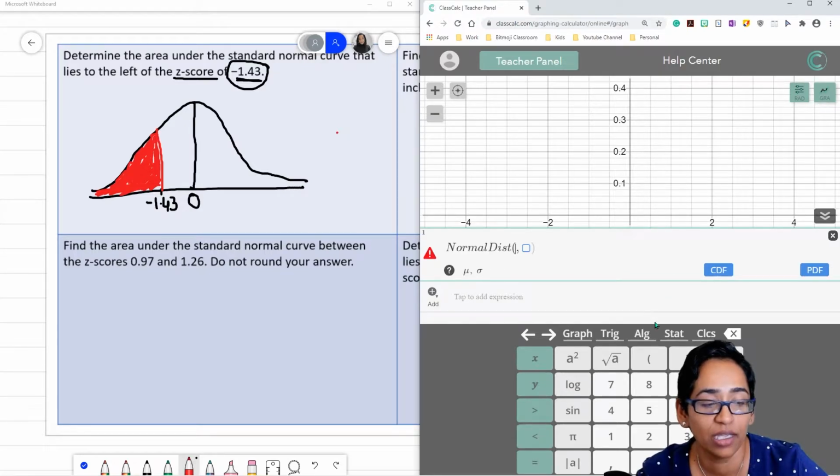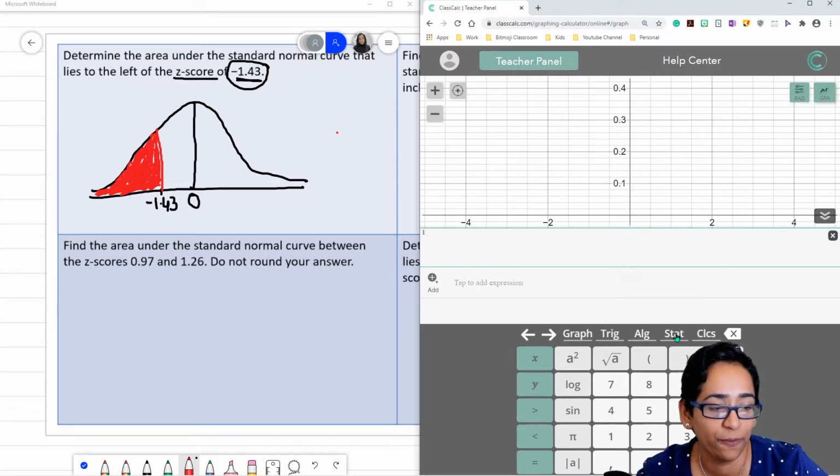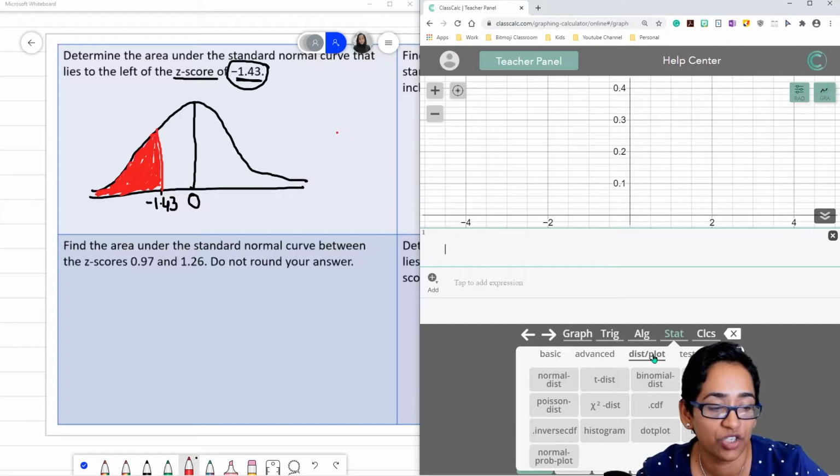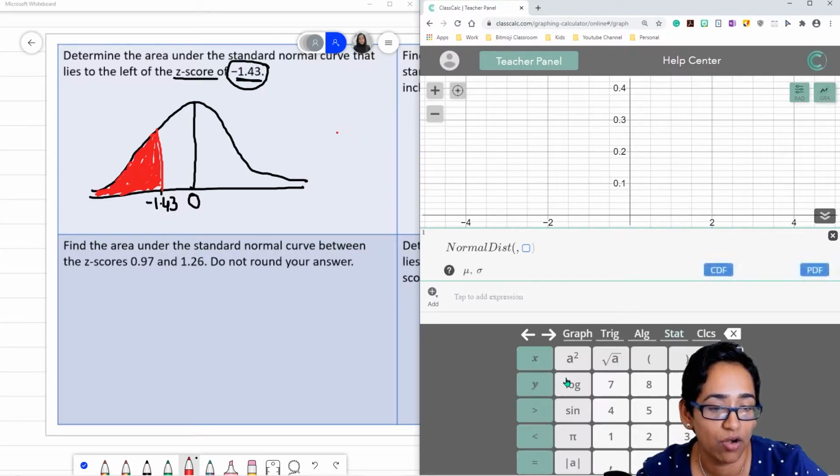Again, graphing, statistics, distribution and plots, normal distribution. Let's do it one more time. Graphing, statistics, distribution, and normal distribution.